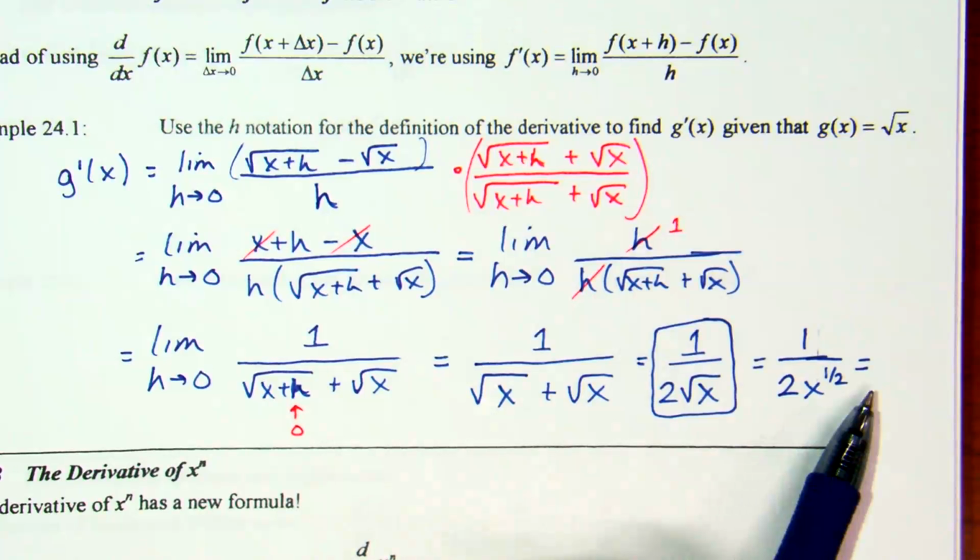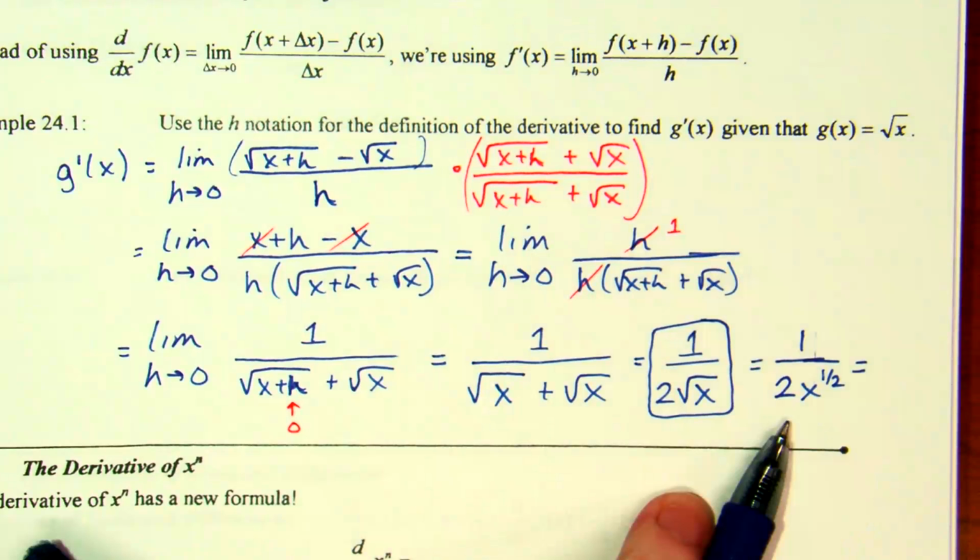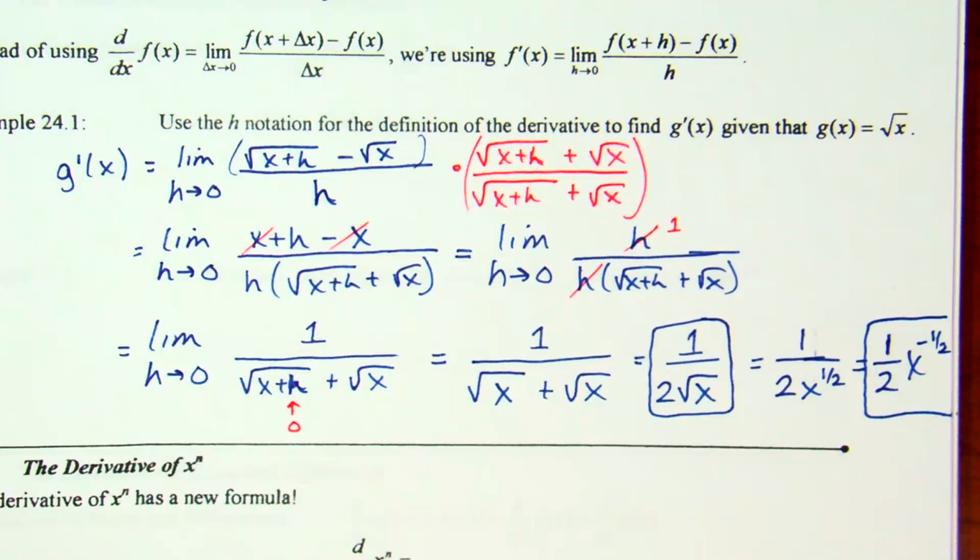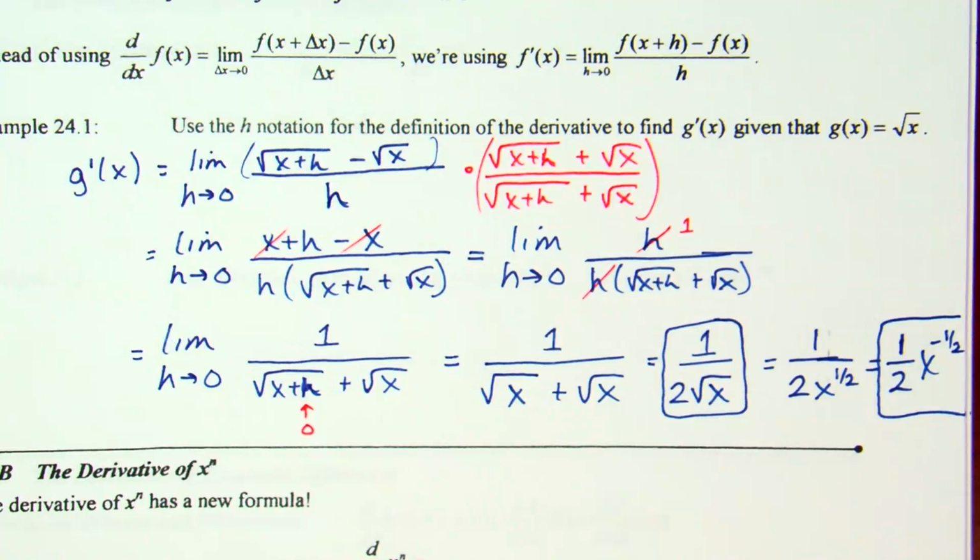The 2, however, has to stay in the denominator. So my point is that I could write this as 1/2 x to the negative 1/2 as well. Yes, I know, I just wrote it with a negative exponent, but again, I'm trying to prove something later on.